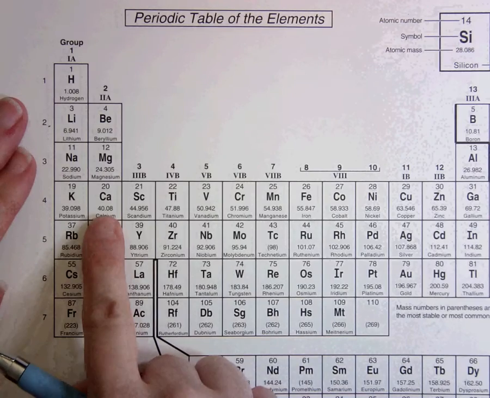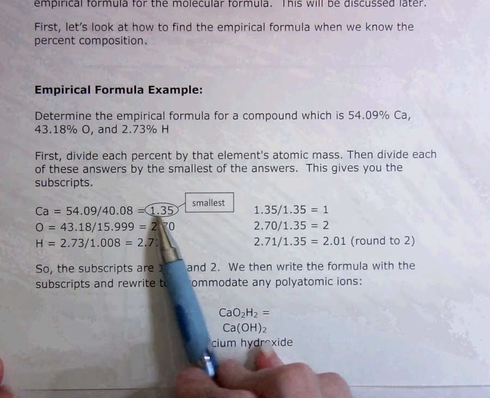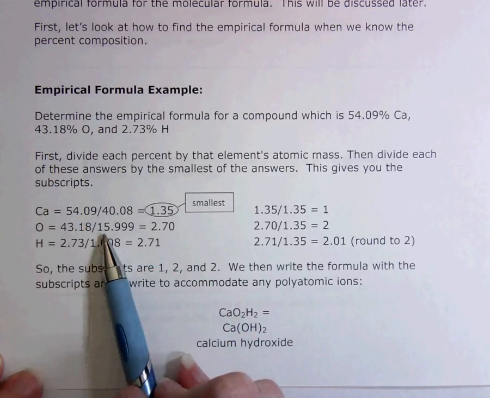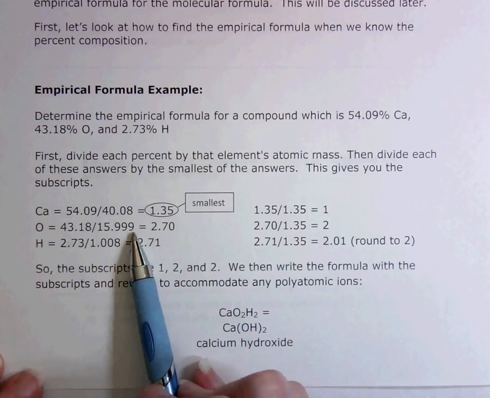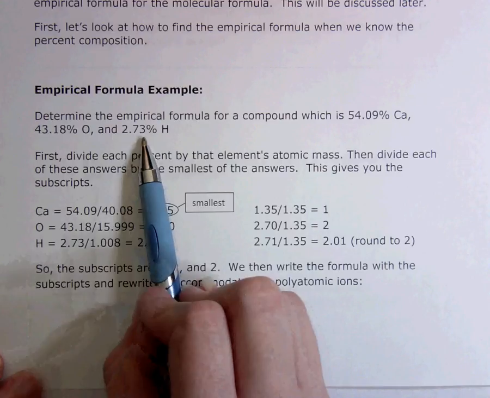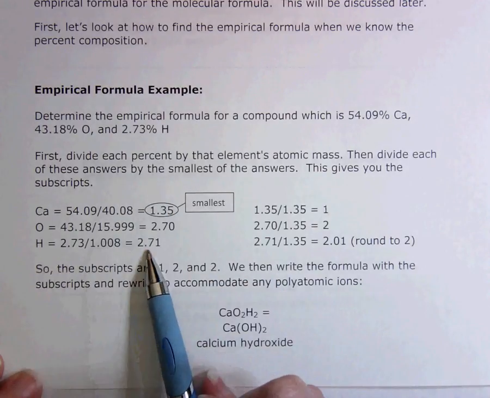Remember, the bottom number in the box tells me the mass. They get 1.35. They take oxygen's 43.18, divide it by 15.999, and get 2.70. Then hydrogen's 2.73 divided by the mass of hydrogen gives 2.71.